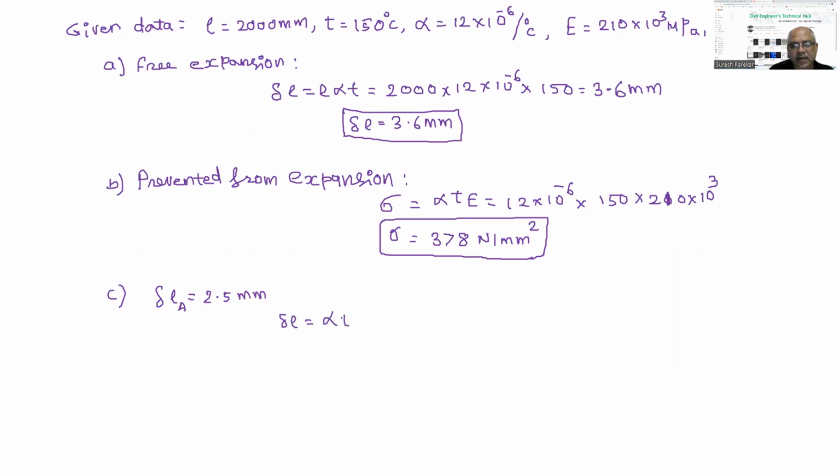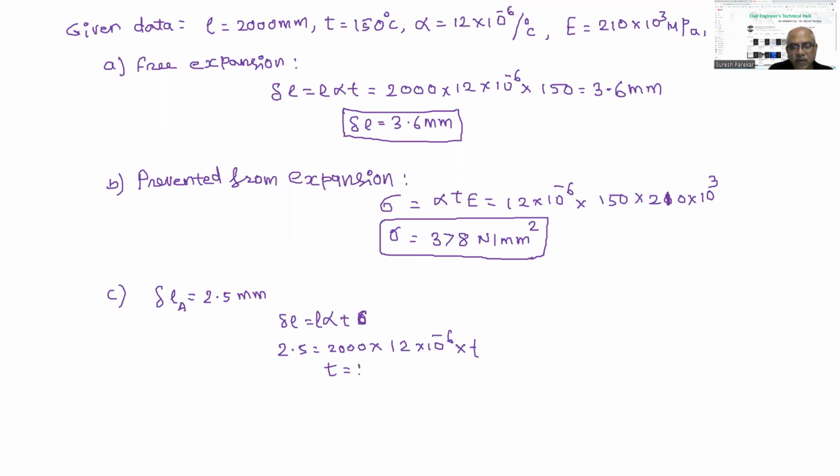So delta L equal to L alpha T. Now delta L is 2.5, L is 2000, alpha is 12 into 10 raised to minus 6, into T. By solving this, T is 2.5 divided by 2000 divided by 12 to the power minus 6.